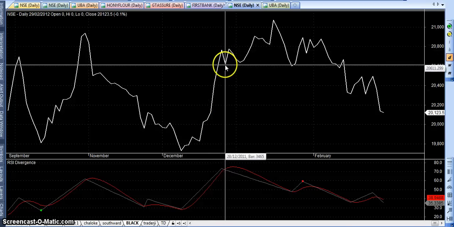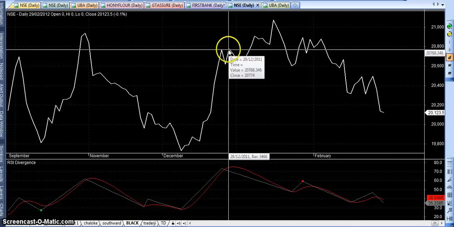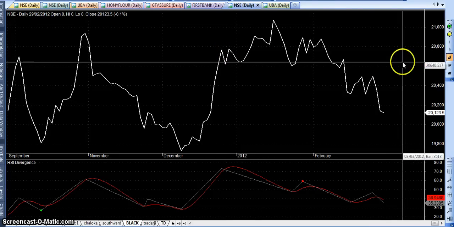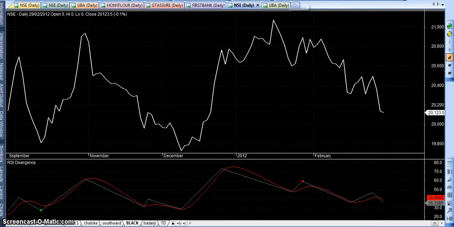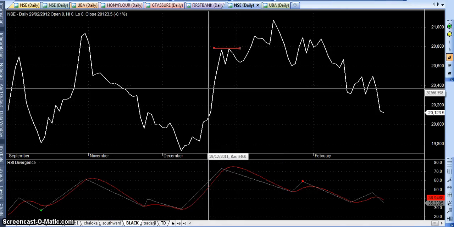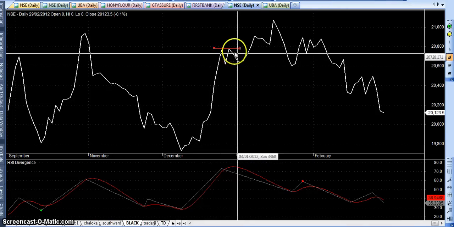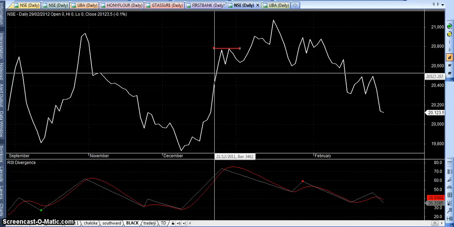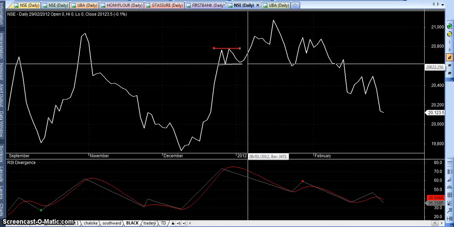We did see a higher low here, and then there was a form of double top formation. Double top formations, I always say, are reversal signals, which it is here. This was a resistance point for the NSE, and this was another support level for the NSE.